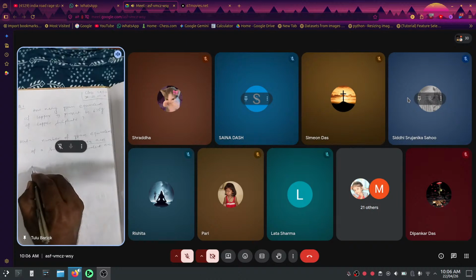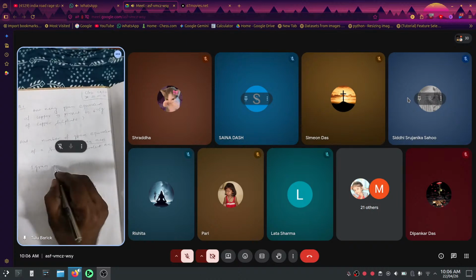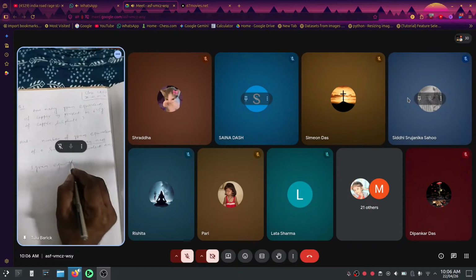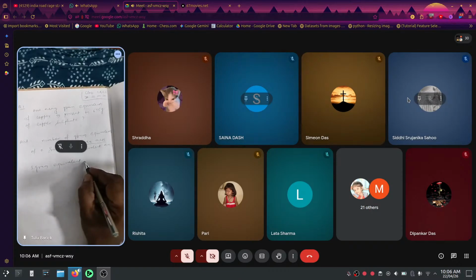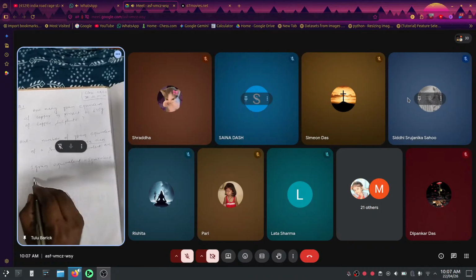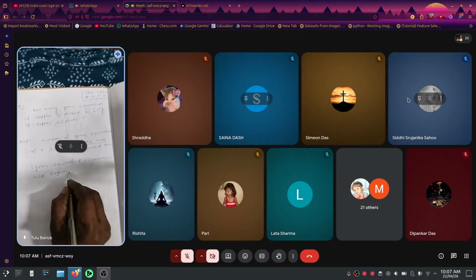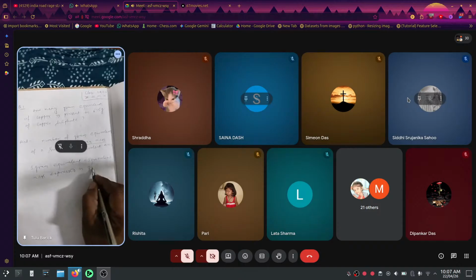What is gram equivalent? 1 gram equivalent is equal to equivalent mass expressed in grams.